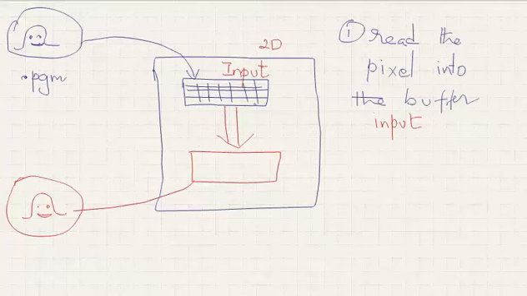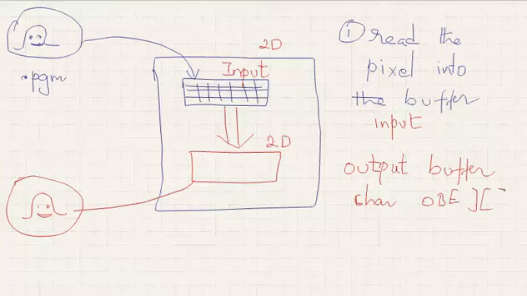We are going to copy into another 2D array called output buffer. You can call it anything you want, all right? It is just a 2D variable. How do you declare a 2D array? Output buffer equals, like that. In our case it is 99 by 99, right? 1 dimension, 2 dimension, right? All right, so we are going to copy.